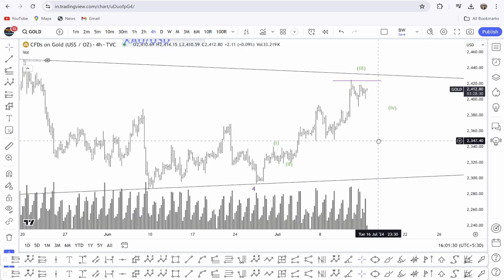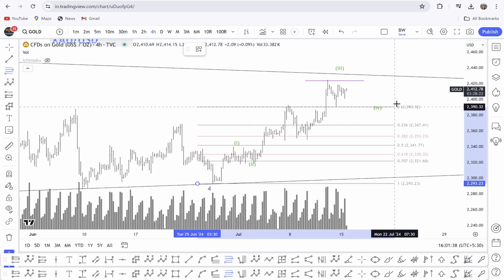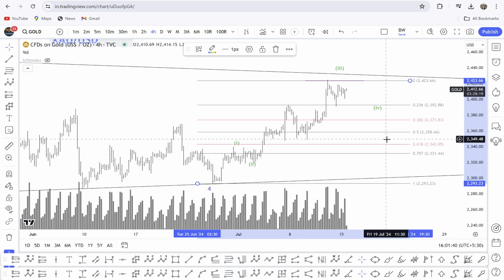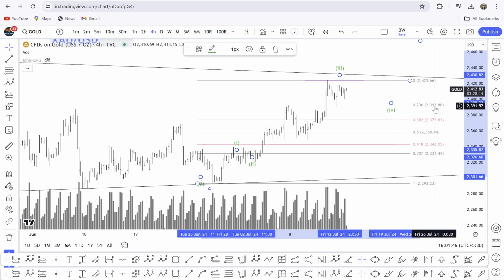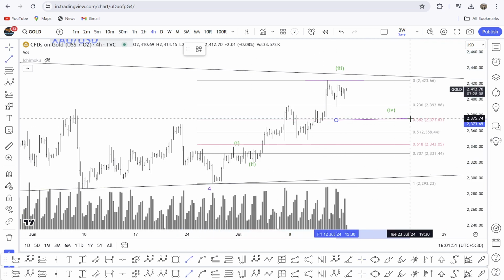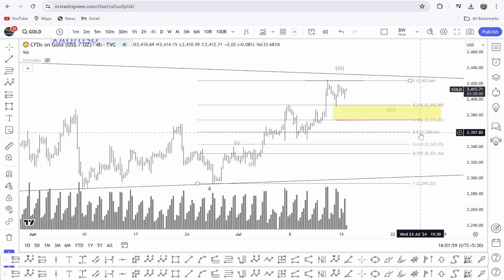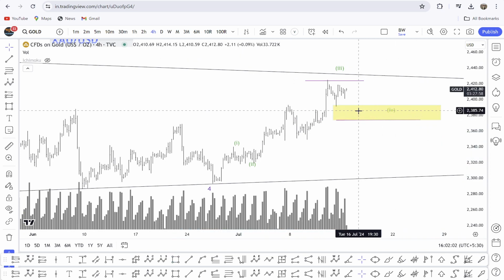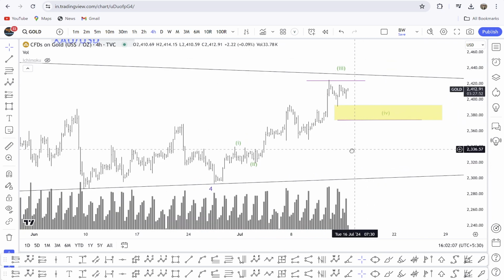Let's see the retracement. We have two levels: one is 2392 and one is 2373. This is the yellow zone where price may bounce from here.